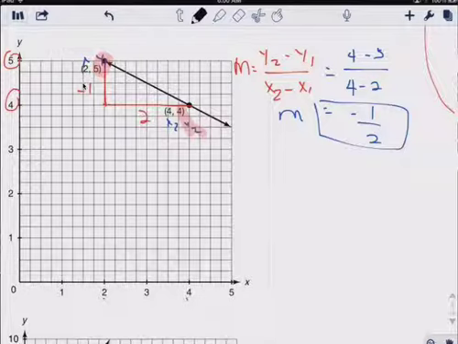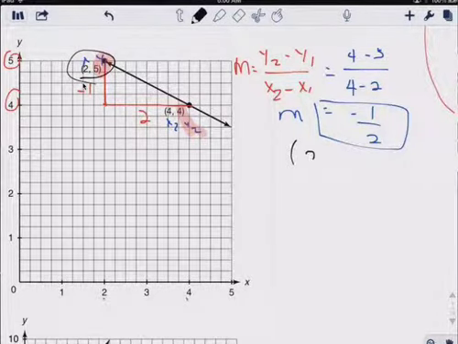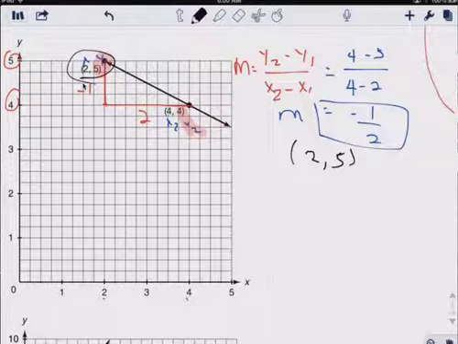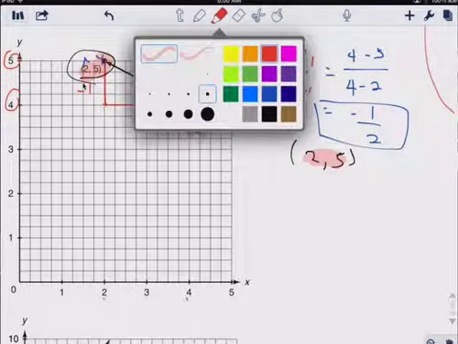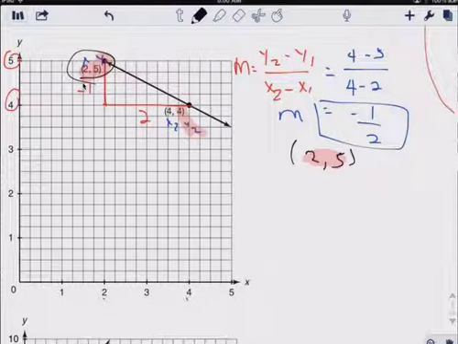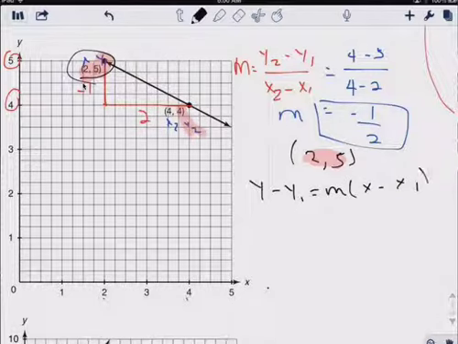Okay, so we're going to use point slope. I'm going to use 2, 5 as my point. I'm going to write it here. Double check, make sure I copy right, because I like to copy wrong. Okay, y minus y1 equals m parentheses x minus x1.